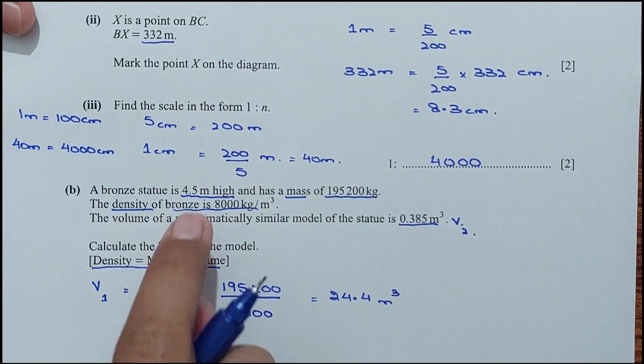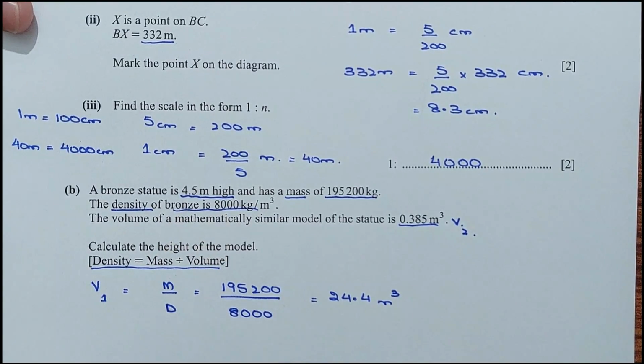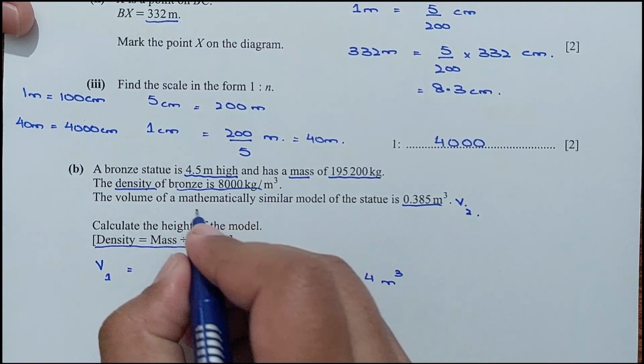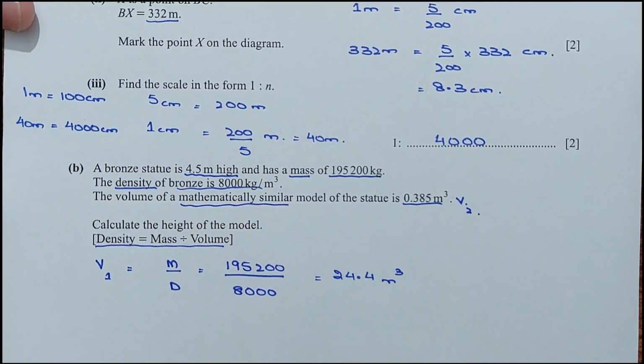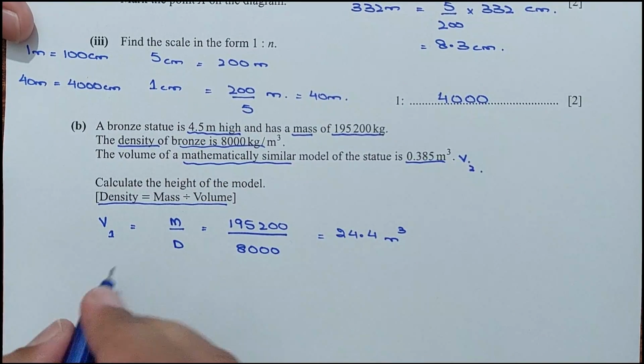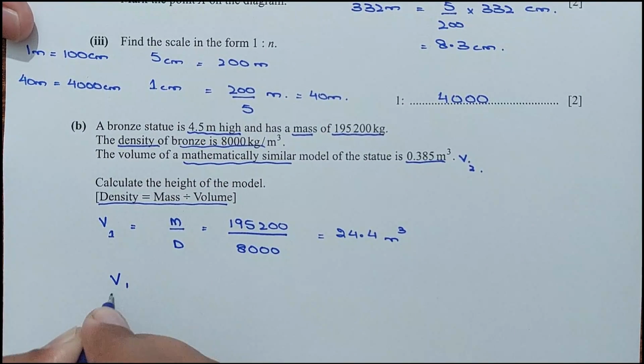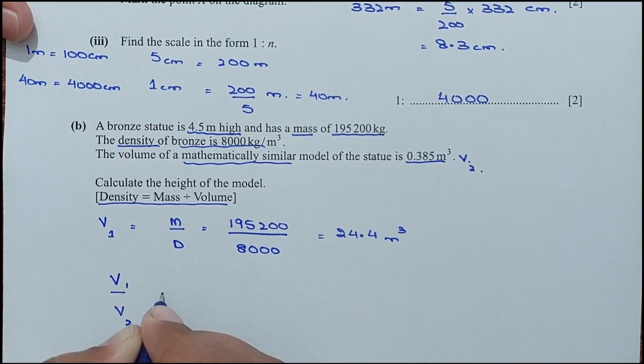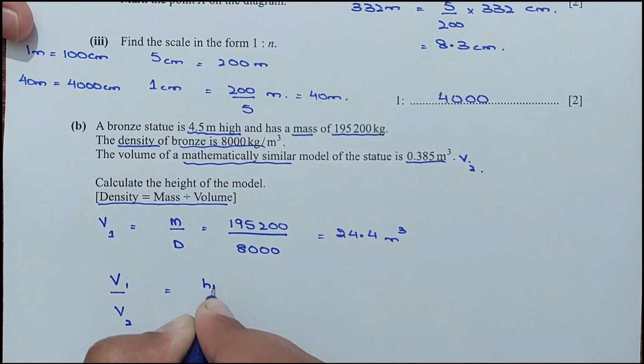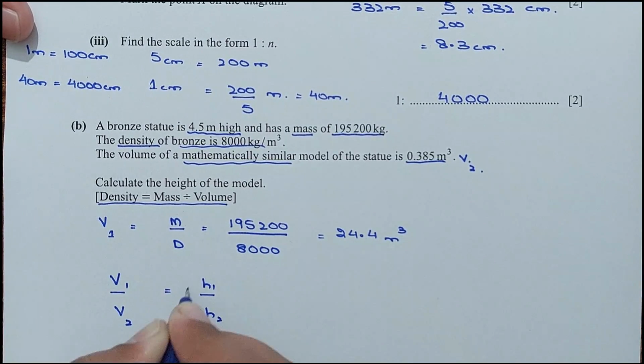Now we have the height of the first one. We have to find the height of the second one since they are mathematically similar, right? So when they are mathematically similar, the volume of the first over the volume of the second equals the height of the first over the height of the second, whole cube, right?